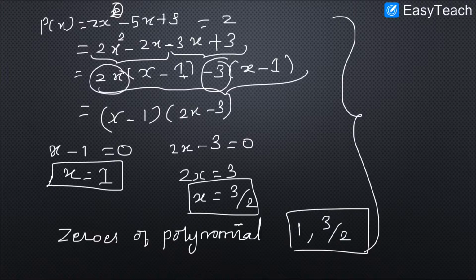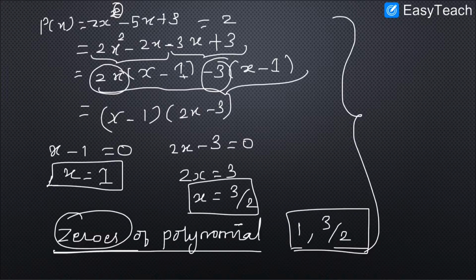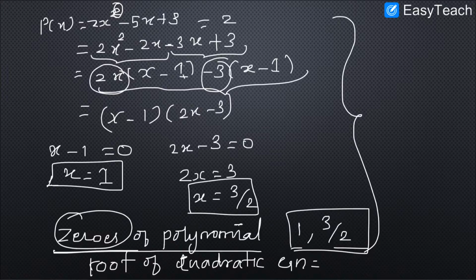The only difference is, in a polynomial we call the solution zeros, like I did here, zeros of the polynomial. But in the quadratic equation, instead of zeros, the name we use is roots of the quadratic equation. So before that, let me change this polynomial into a quadratic equation.